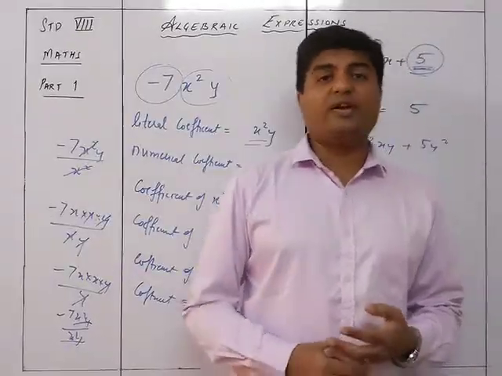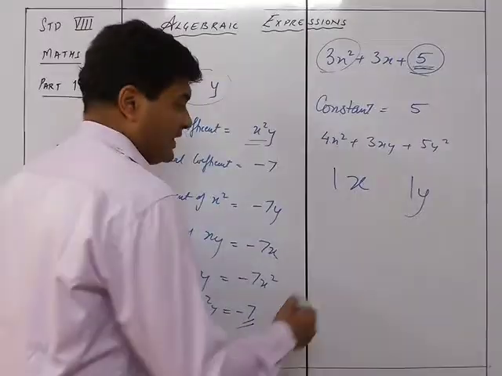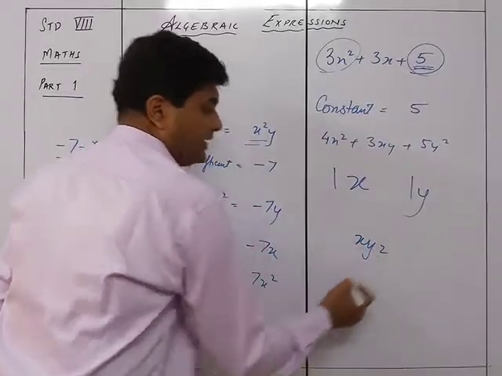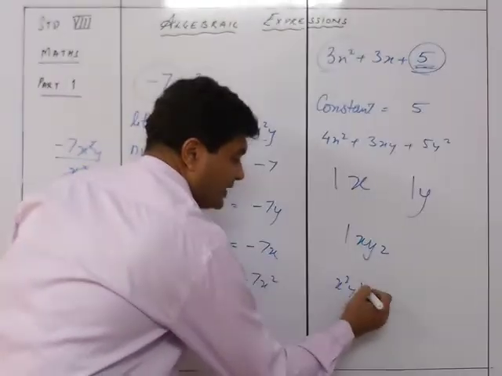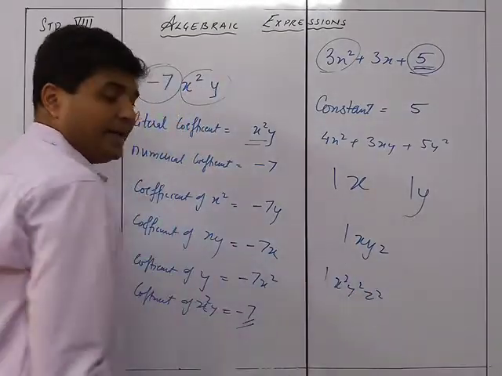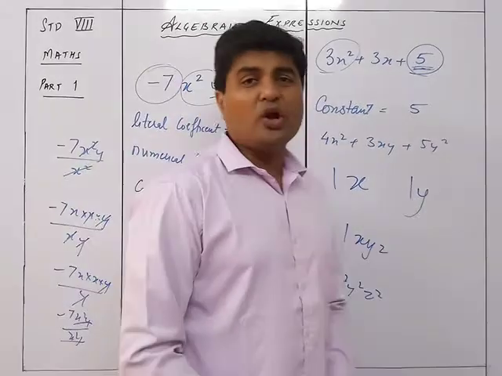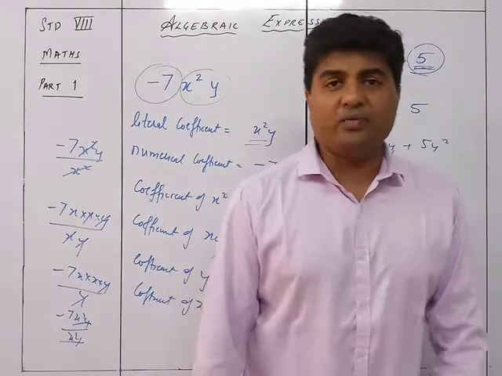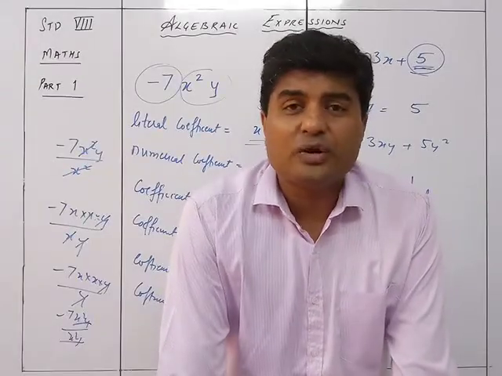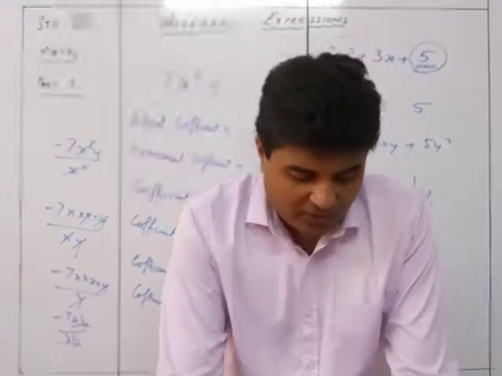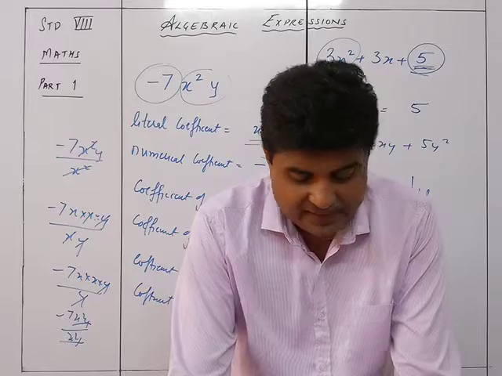Even if it is x, y, z, it is actually 1xyz. If it is x square, y square, z square, it is actually 1 x square y square z square. We are not going to write the 1 in any equation whenever the coefficient is only 1.